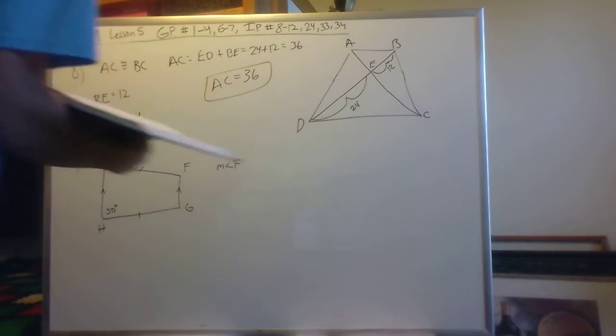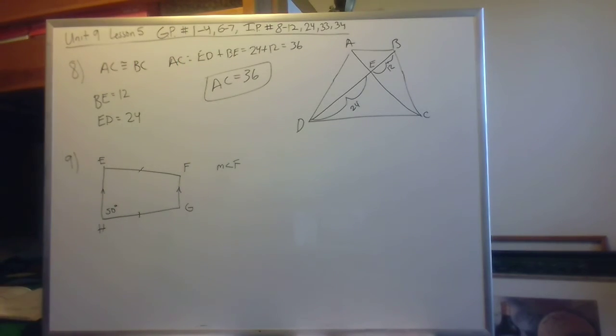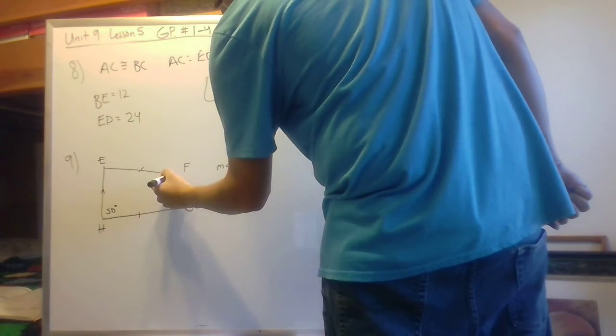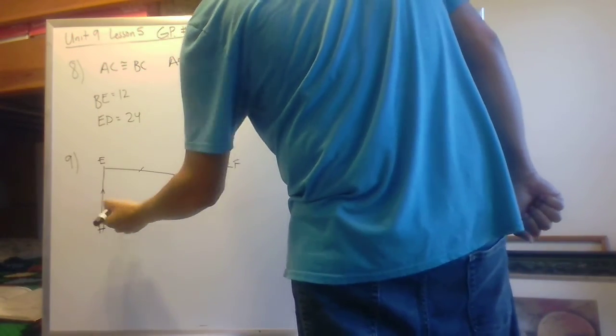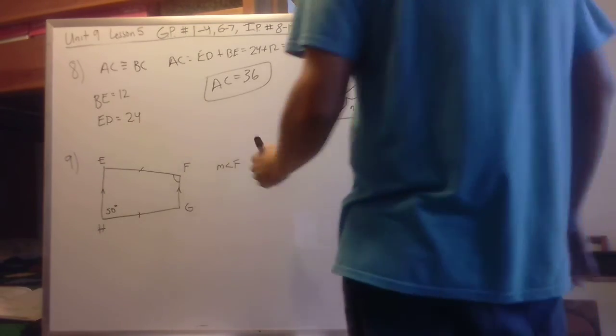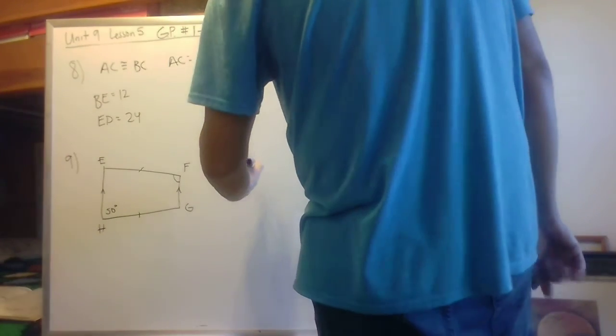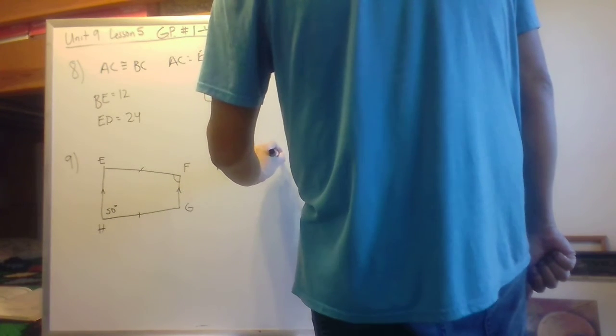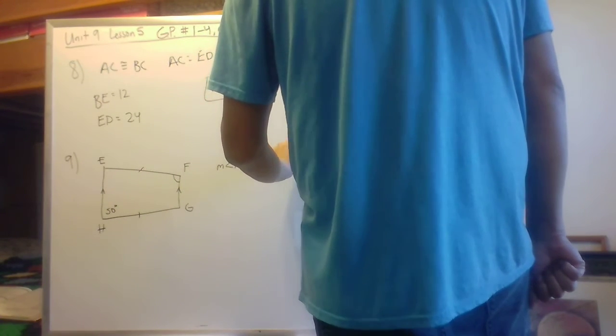According to the properties of trapezoids, the opposite angles add up to 180 degrees. That means the measurement of F plus the measurement of H equals 180 degrees.